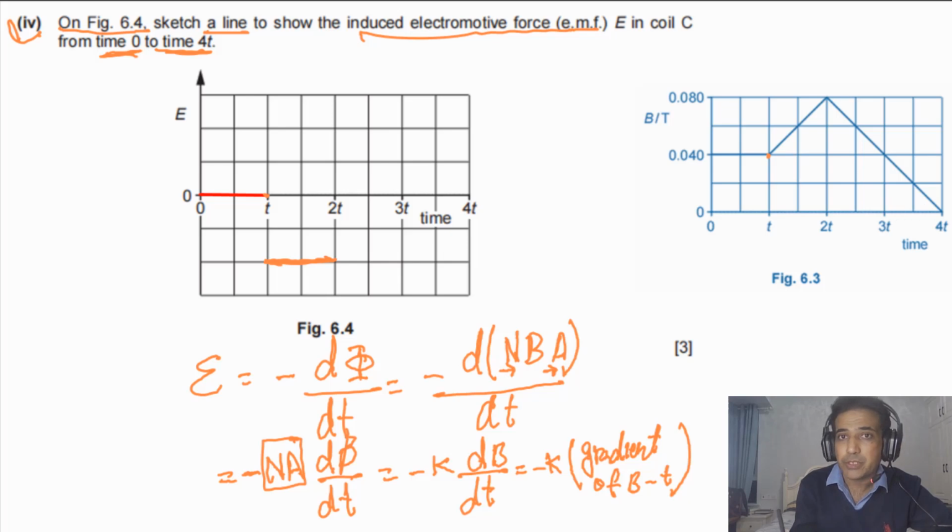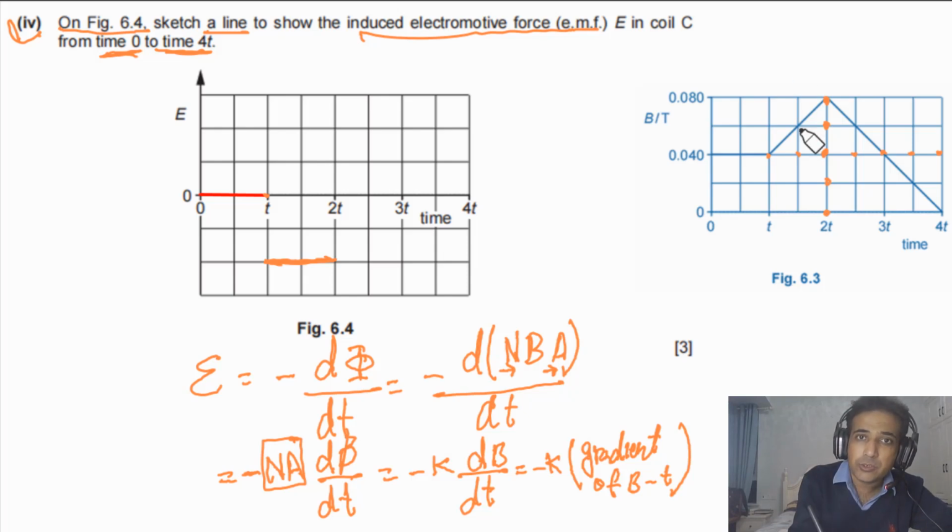Now we need to compare the gradient. From here to here, you can see along the time axis we have two small squares. Along the B axis we also have two small squares. Now if you look at the gradient of this one, in this case we have 1 2 3 4, means 4 small squares along the time axis, and also 1 2 3 and 4, 4 small squares along the B axis.